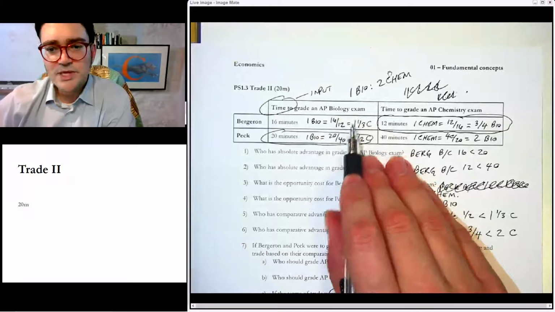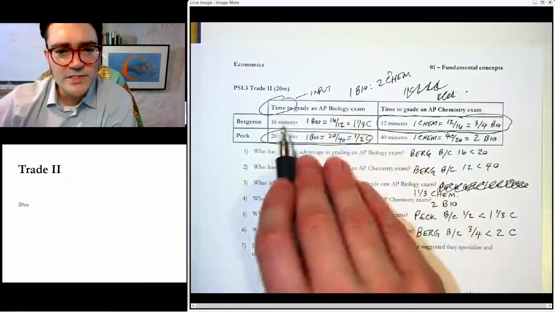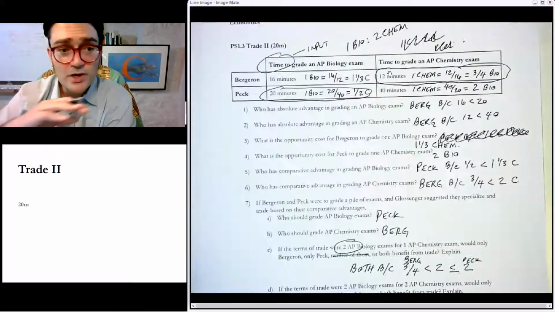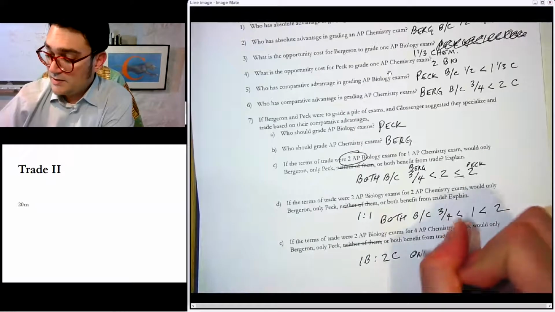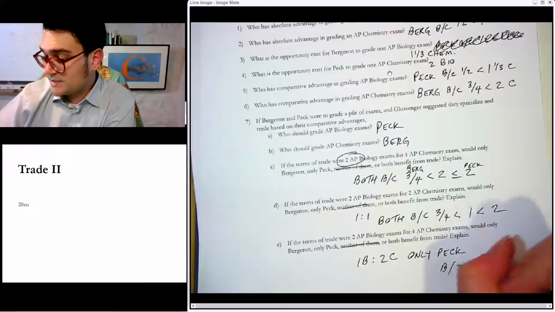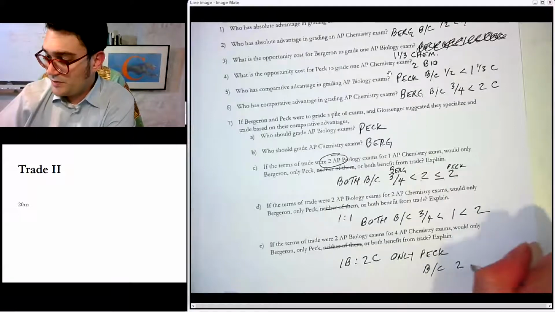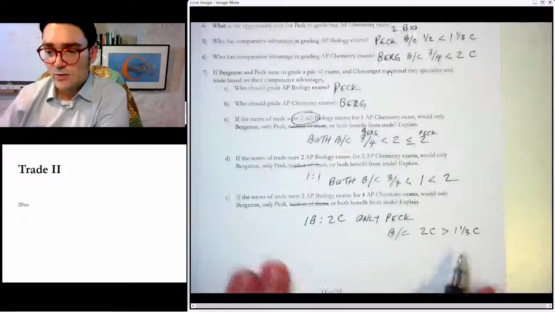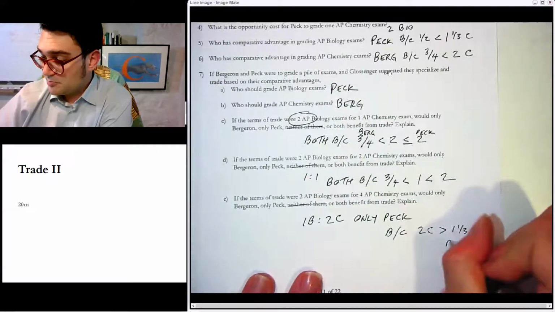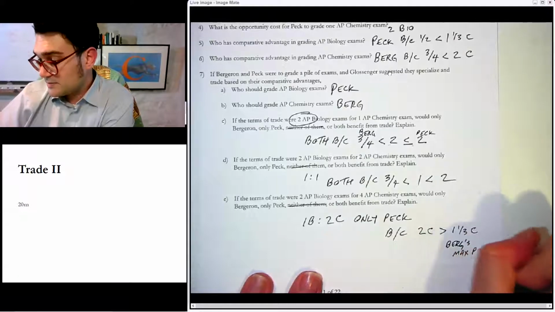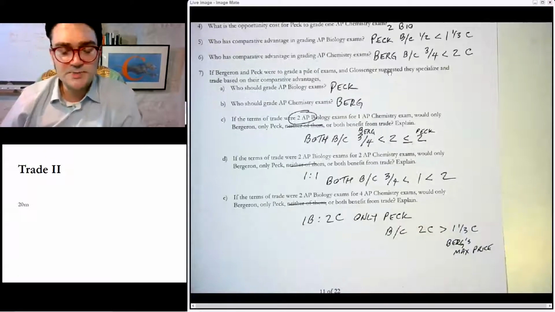And so it goes beyond the 1 1/3. And who does that belong to? It goes beyond Bergeron's price. So Bergeron is like, no way, no thank you. So it's only going to benefit Peck. And again, the reason is because 2 chemistry is bigger than 1 1/3 chemistry. And 1 1/3 chemistry is Bergeron's maximum price. So it exceeds Bergeron's maximum price.